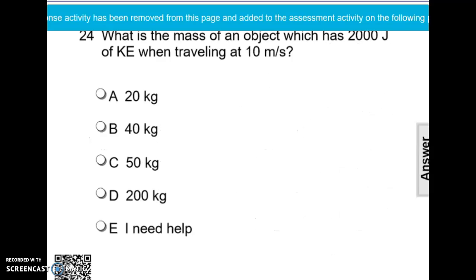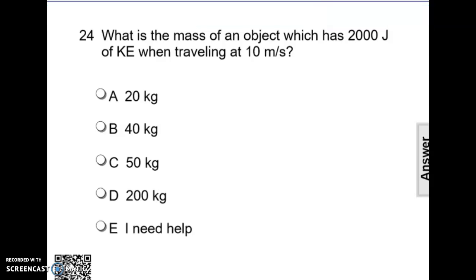So let's go ahead and do another one of these problems right now real fast here. It says, what is the mass of the object when we know that the kinetic energy is equal to 2,000 and the velocity is equal to 10?